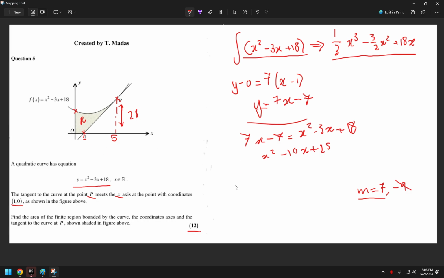Now, to find the area of the triangle would be half times 28 times 4, because the distance between 5 and 1 is 4. That would give me 0.5 times 28 times 4, which is 56. So we could write that the triangle is 56 units squared.